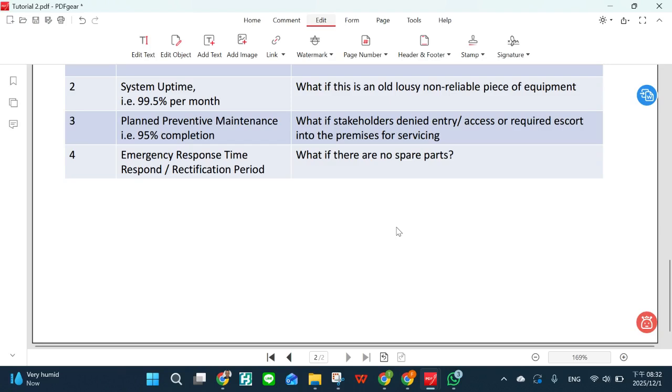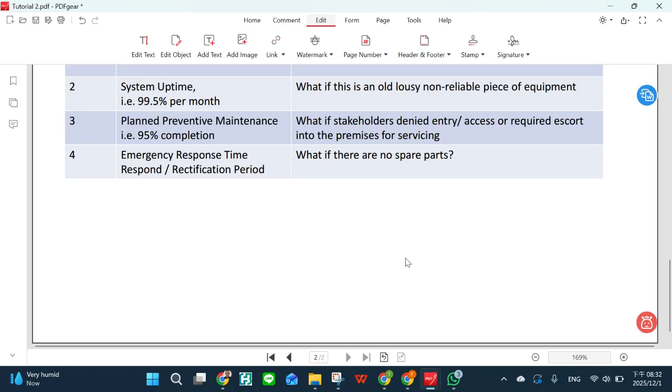Okay. Sir, your tutorial 2 is the HVAC operation or this aircon KPI.